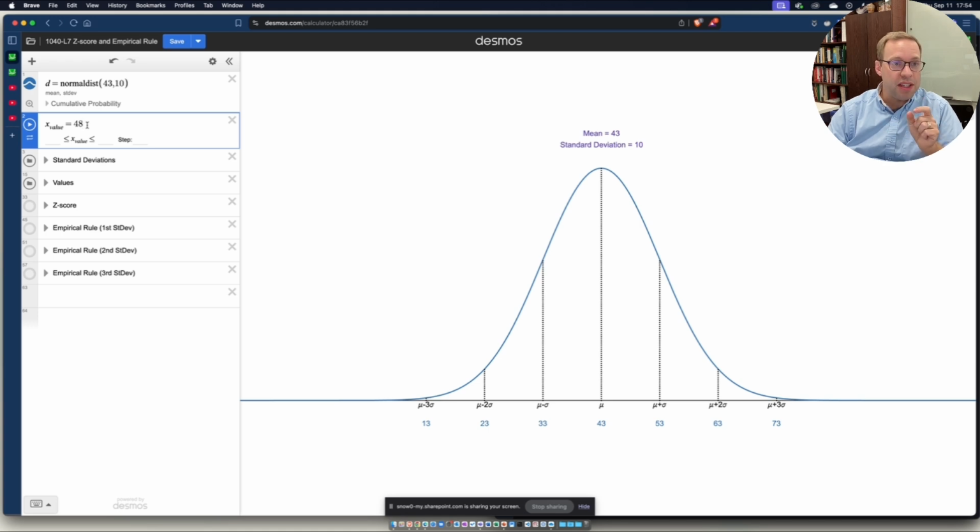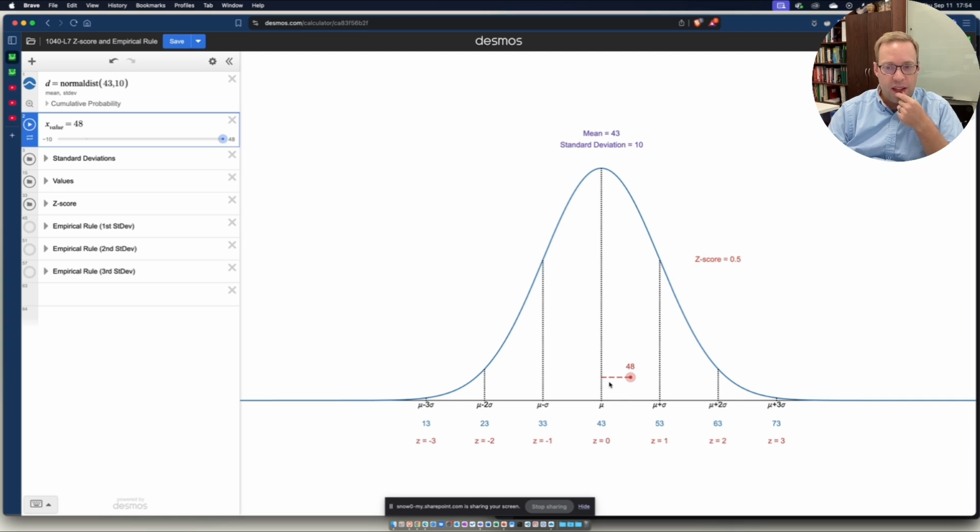Now, if I plot this point and show how far it is above the mean, that looks, well, right in between these two lines. That's half of a standard deviation. Okay, and we already did that calculation that $5 deviation divided by a standard deviation of 10 would give me a z-score of 1/2.